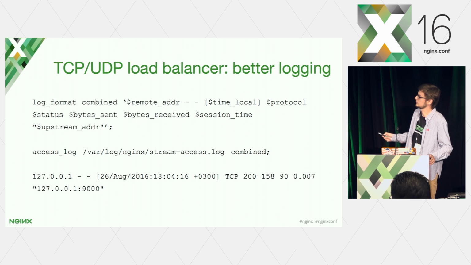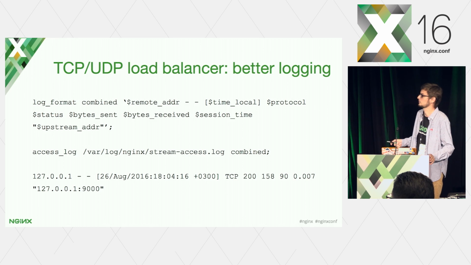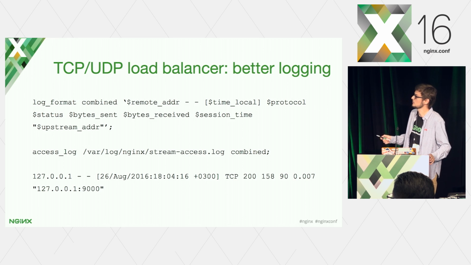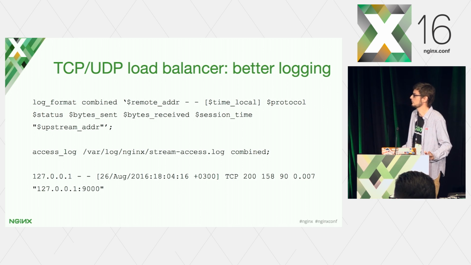By default, it looks like that. It's quite similar to HTTP, and it might even be parsable by one of your HTTP log parsers. So we're logging the client's IP address, local time, and the protocol. It could be either TCP or UDP in here. We're logging the status of the connection, and we decided to reuse the numbers from HTTP because they are so familiar to everyone who uses HTTP or nginx.